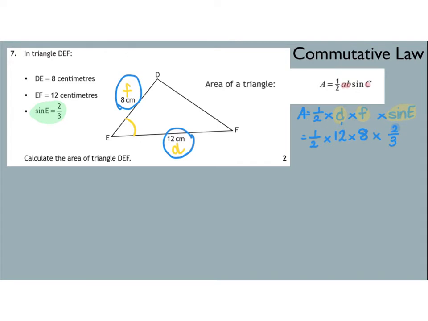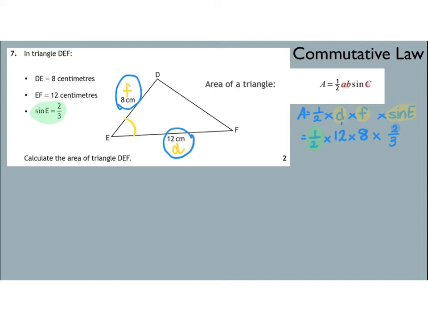Okay, right, so I'm going to use the skills that we used in the previous lesson. I have got two fractions in this formula here. Everything's been multiplied. I can do the working out in any order I want. So what can I find a half of? I could find a half of 12, I could find a half of 8, and it doesn't really matter which one you're going to do.